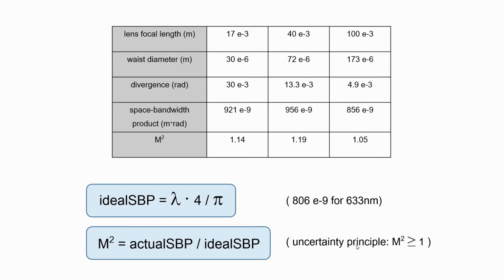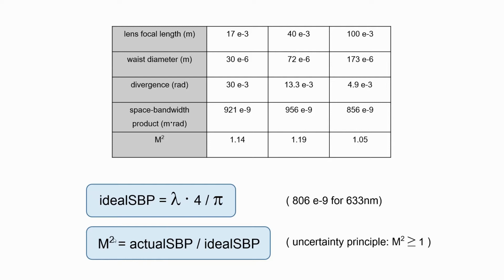The uncertainty principle, which is a core principle of quantum mechanics, limits the space bandwidth product to go no lower than the value we see here, lambda times 4 over pi. And for an ideal Gaussian beam that is entirely single mode and with no associated errors, that value is 1. And as the actual space bandwidth product increases, in the case of a real beam, the M squared value goes up.